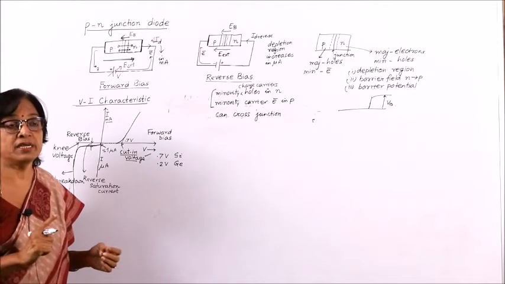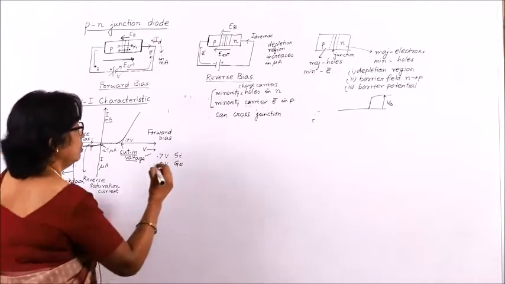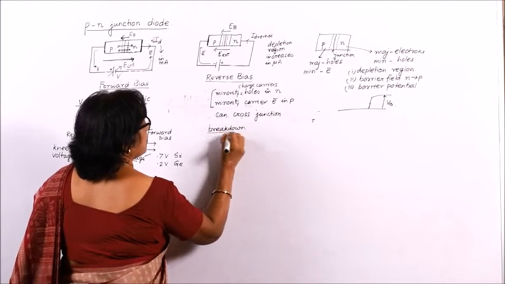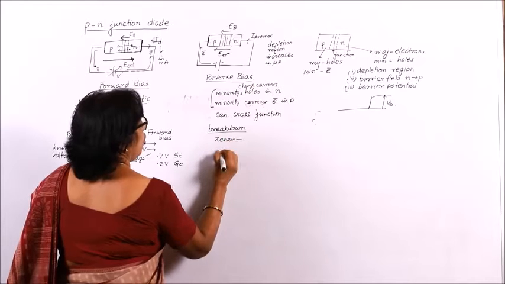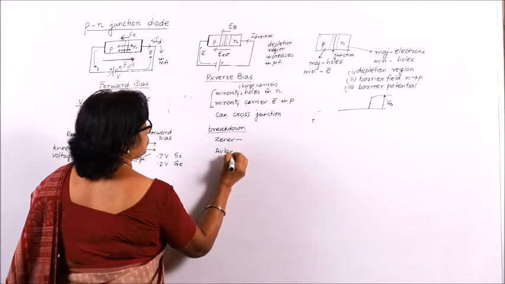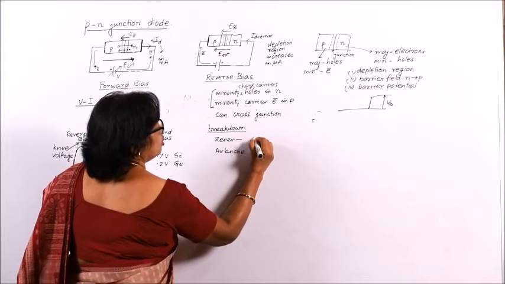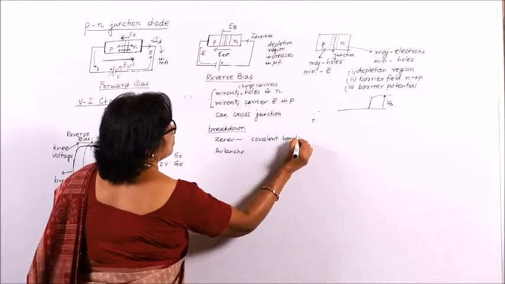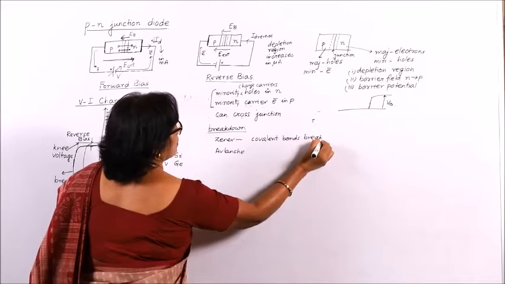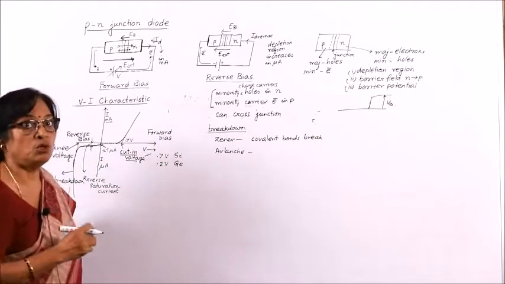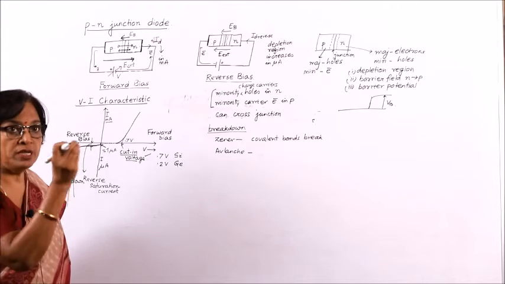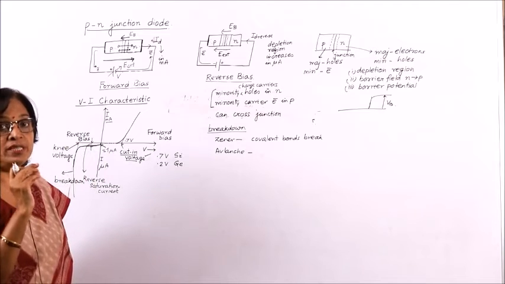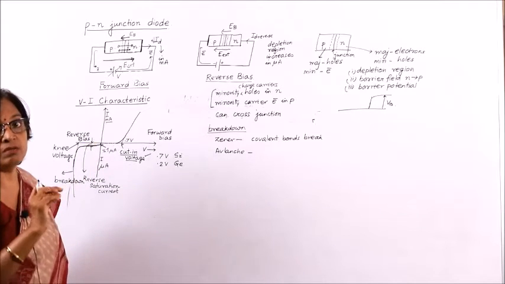There are two kinds of breakdown, Zener breakdown or avalanche breakdown. In Zener breakdown, the covalent bonds break. Whereas in avalanche breakdown, when electrons or holes are moving through the crystal, they collide with the atoms. When they collide, they can knock out other electrons.